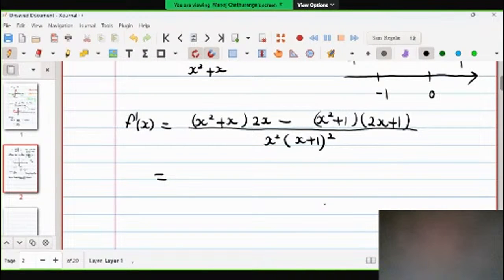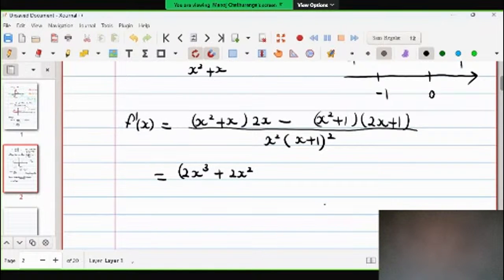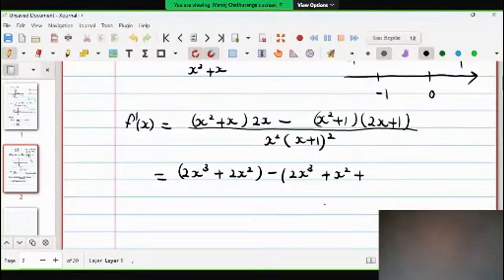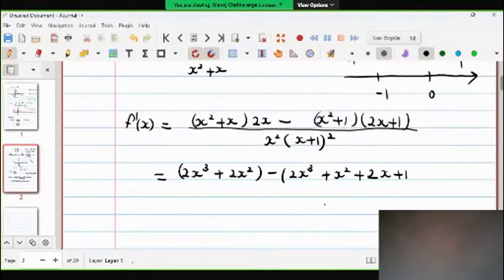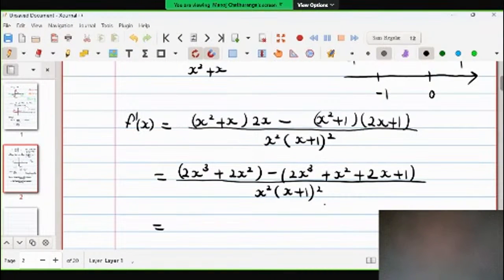Let's simplify the numerator. 2x cubed plus 2x squared minus 2x cubed plus x squared plus 2x plus 1, then divide by x squared, x plus 1 squared.